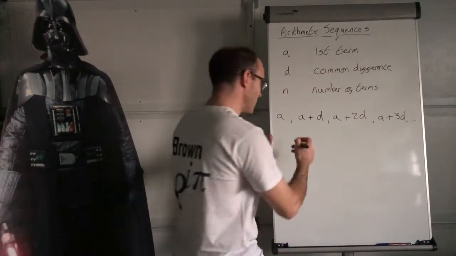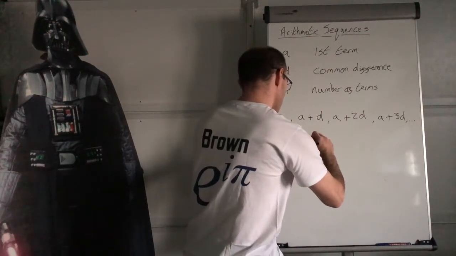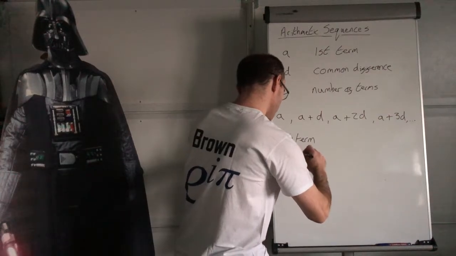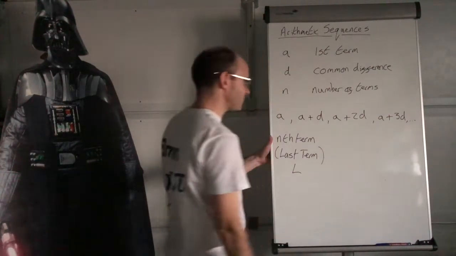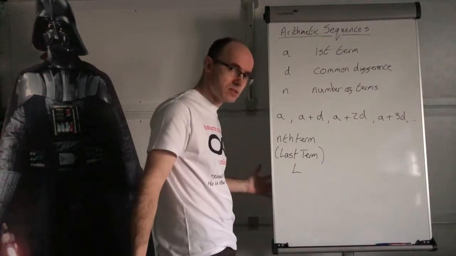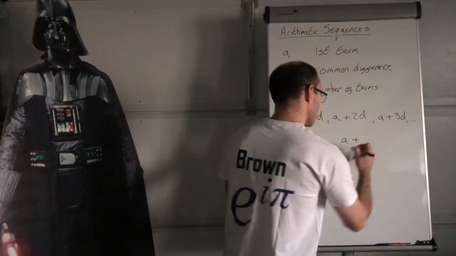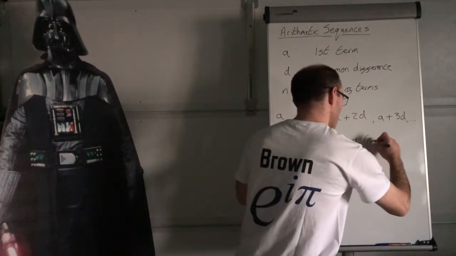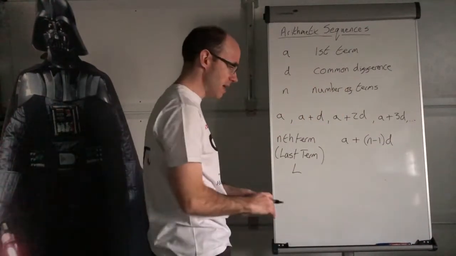Now I'm going to write down what the nth term is. Okay? The nth term, sometimes called the last term, so I'll put in brackets there, last term. Sometimes you use the letter L to represent last term. What's the expression for the nth term going to be? It's going to be A plus (N minus 1)D. Not ND, not ND, (N minus 1)D.